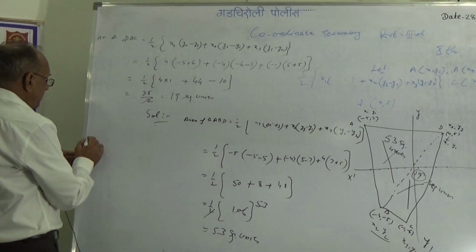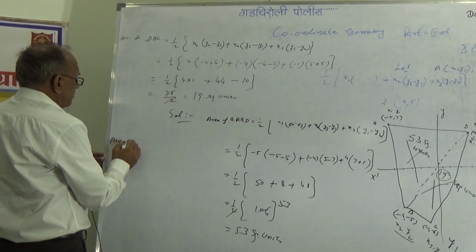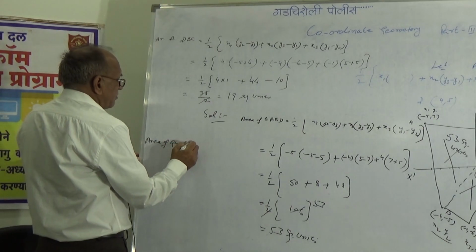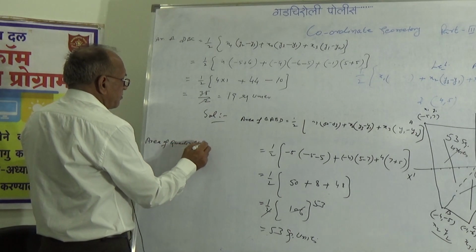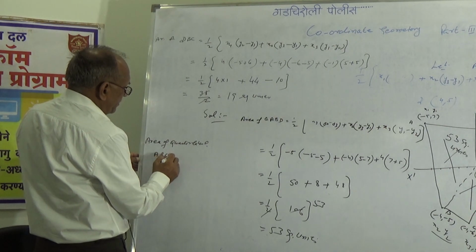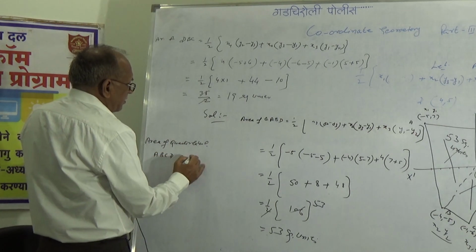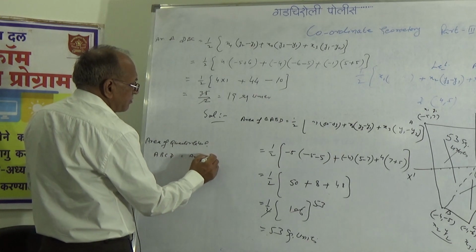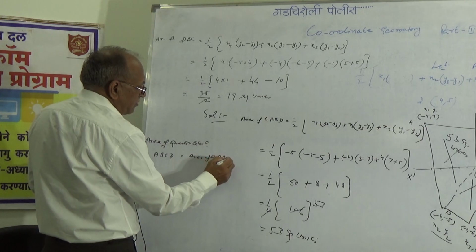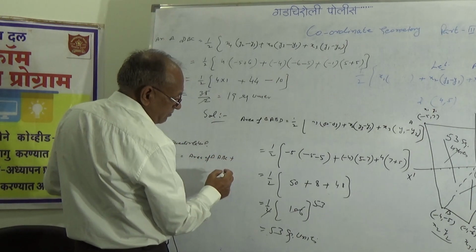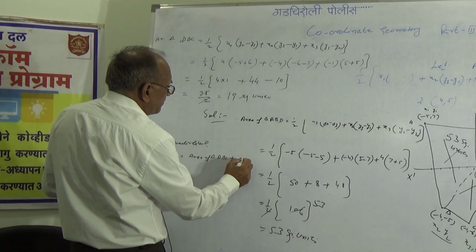Therefore, area of quadrilateral ABCD is equal to area of the triangle ABD plus area of the triangle DBC.